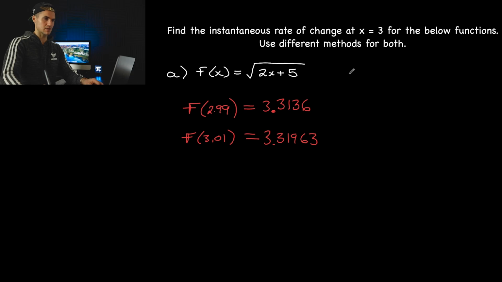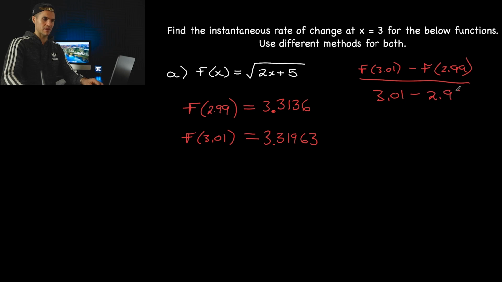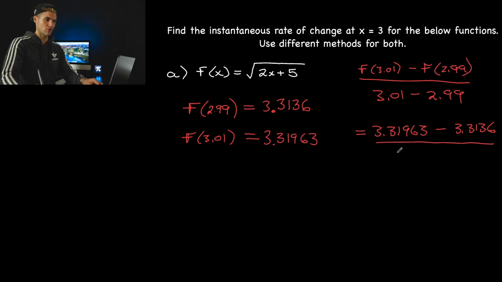It's basically going to be f of 3.01 minus f of 2.99. Let's put the general format here, and then you're subtracting the x values in the denominator. So f of 3.01 is 3.31963, minus f of 2.99, 3.3136, over 3.01 minus 2.99.